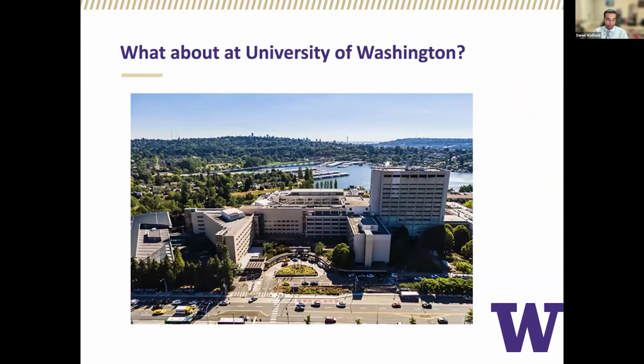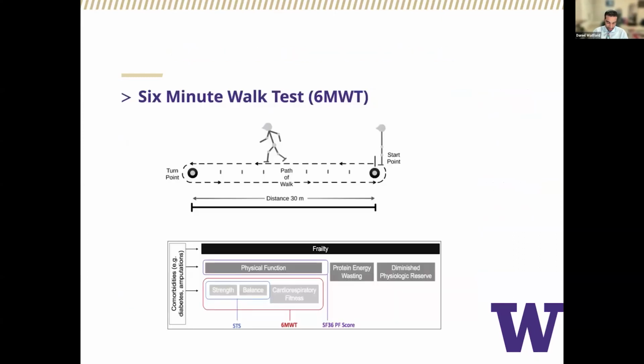So what about here at University of Washington? What did we use? Something I purposely left off, which is actually a very common frailty and physical performance assessment tool utilized both in solid organ transplant and well known in the rehabilitation literature, is the 6-minute walk test.